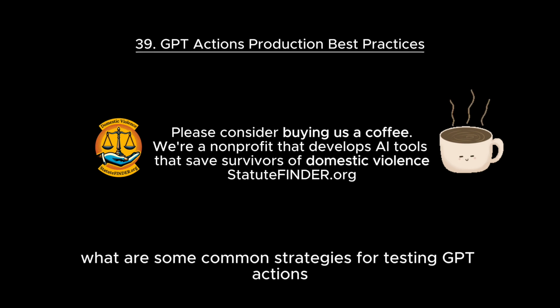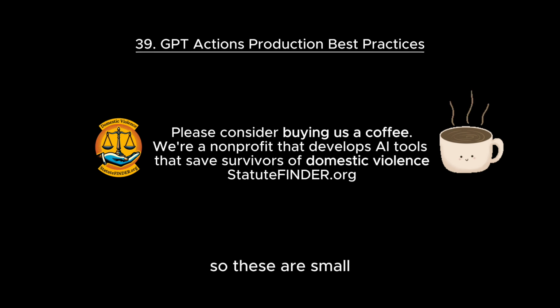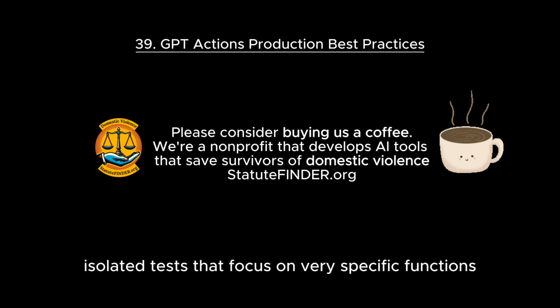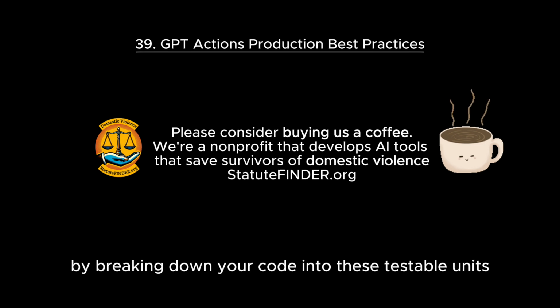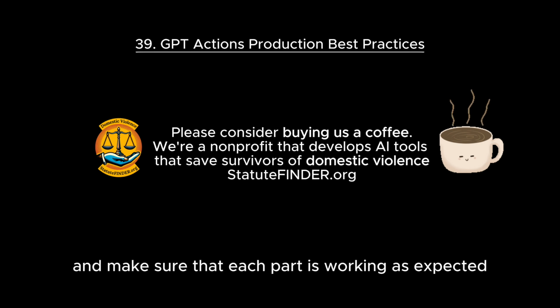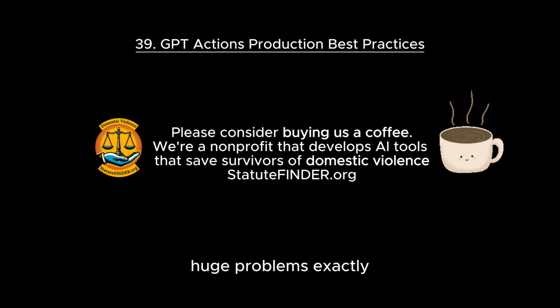Okay, so what are some common strategies for testing GPT actions? One really common approach is to use unit tests. So these are small, isolated tests that focus on very specific functions or modules within your code. By breaking down your code into these testable units, you can isolate potential issues and make sure that each part is working as expected. So unit tests help me catch errors early on before they turn into big problems. Exactly.